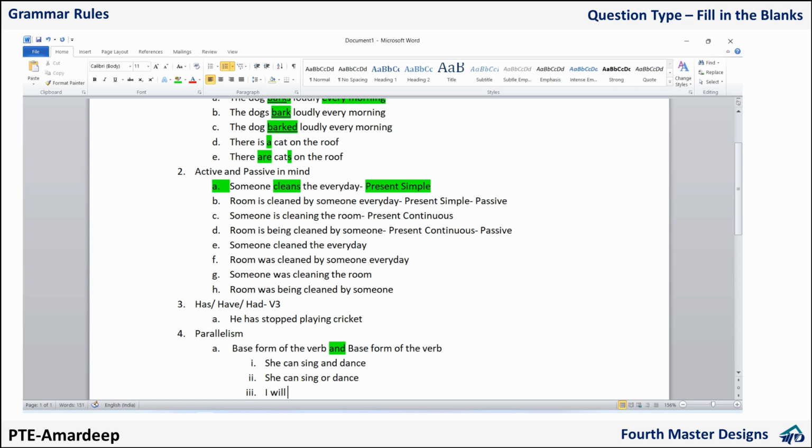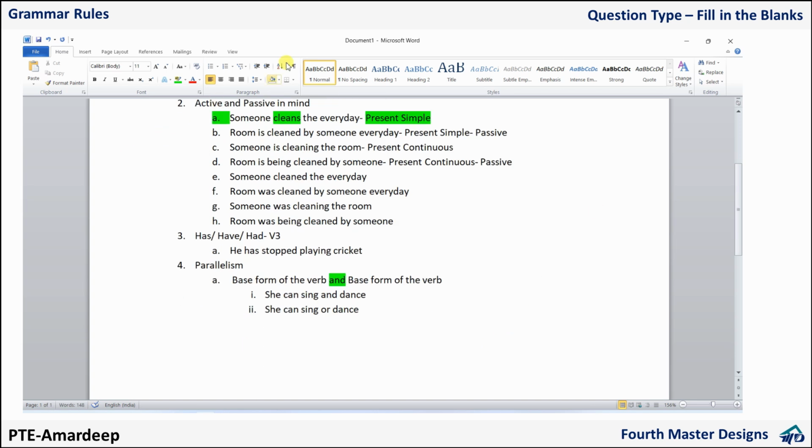I'll just stop here; I'll discuss that in the other one. Now, the base form of the verb before and and after and has to be the same thing.